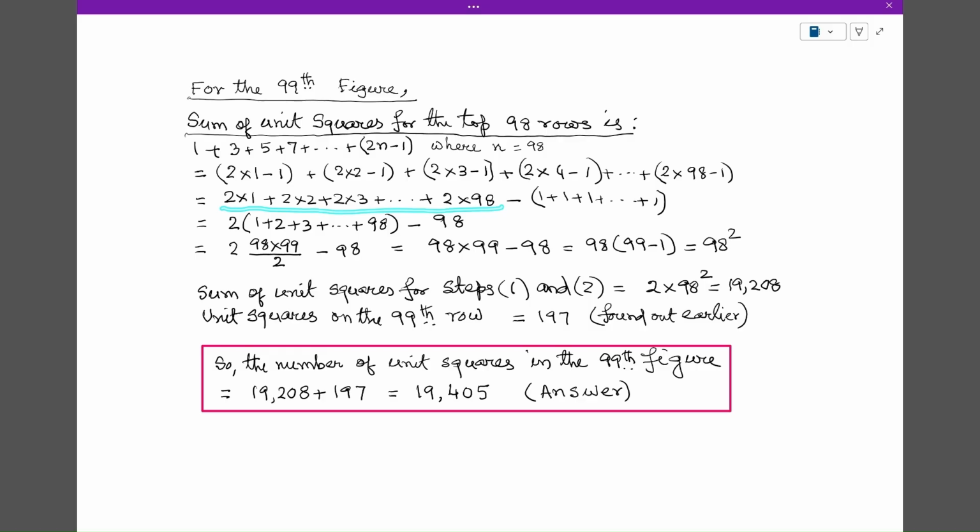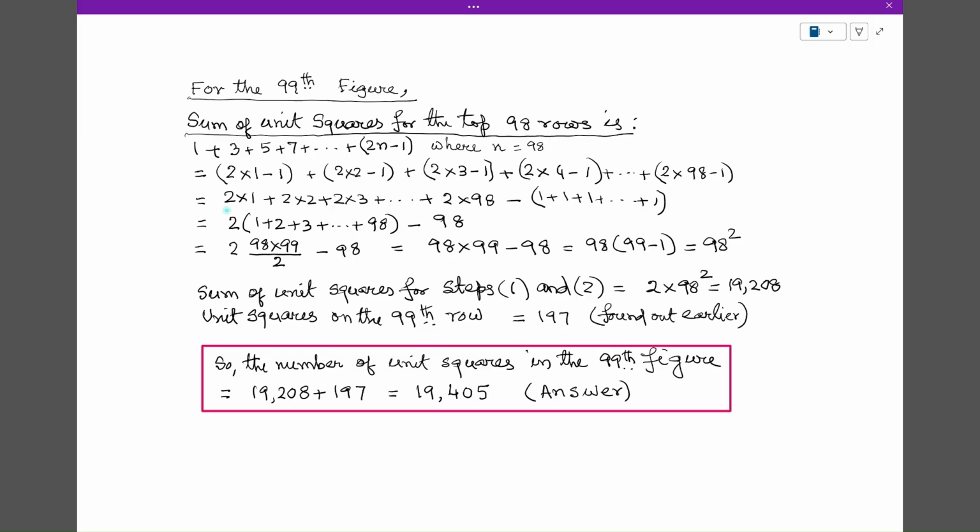So we can write this entire thing as 2 multiplied by 1, which is coming from here, 2 multiplied by 2, which is coming from here, 2 multiplied by 3, which is coming from here. Like this it will go on, and finally it will be 2 multiplied by 98, minus 1 plus 1 plus 1 plus 1, there will be 98 ones, because there are total 98 terms.